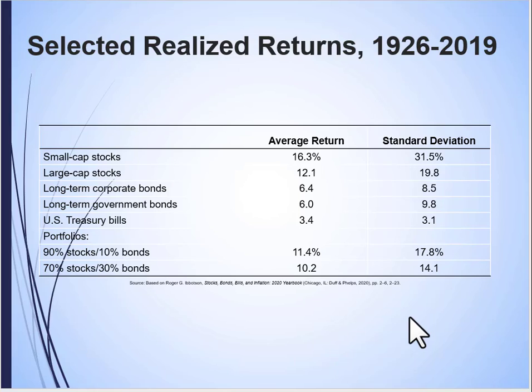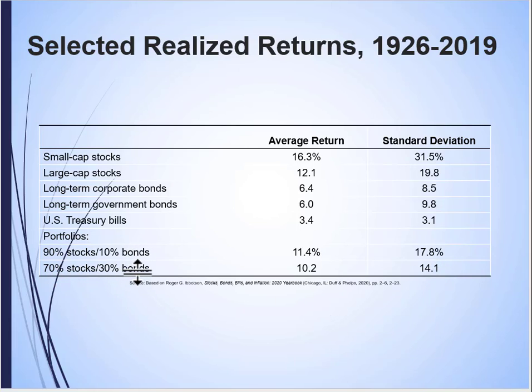So it appears that the higher risk investments tend to earn higher returns. And we can even create some portfolios. 90% stocks, 10% bonds gives us around 11.4%, somewhere in between these two. And the risk is around 17.8. Again, somewhere in between those two.